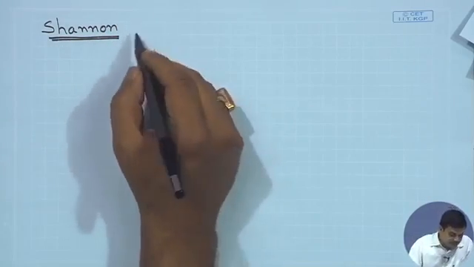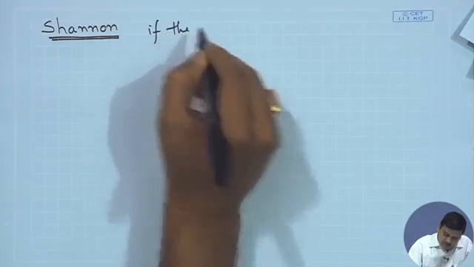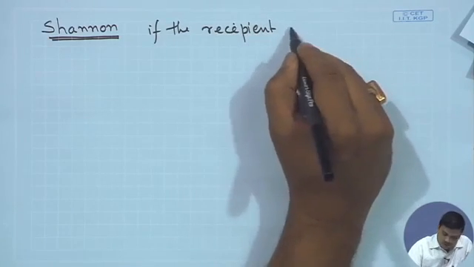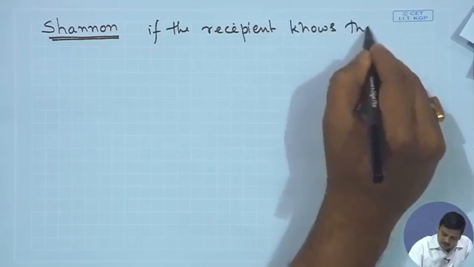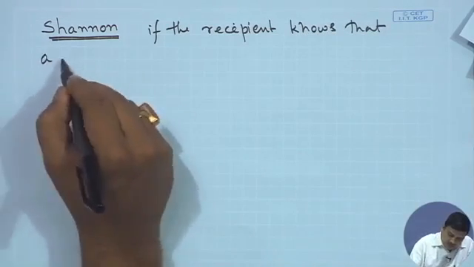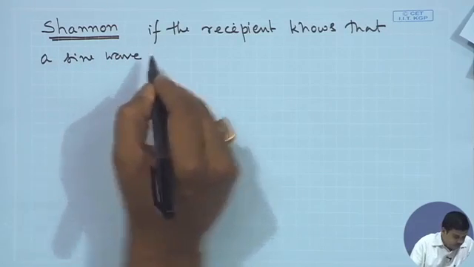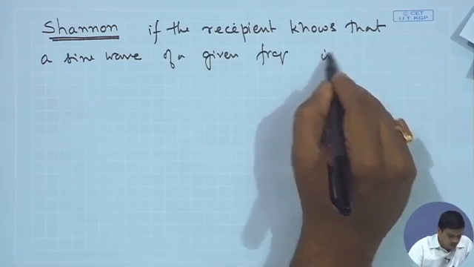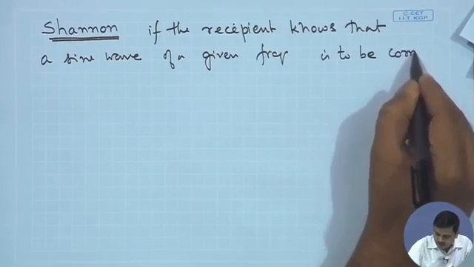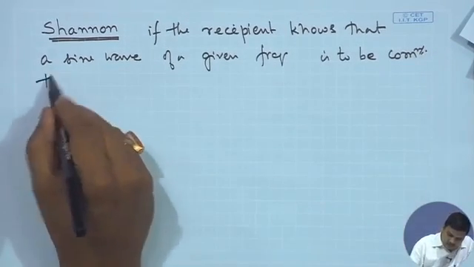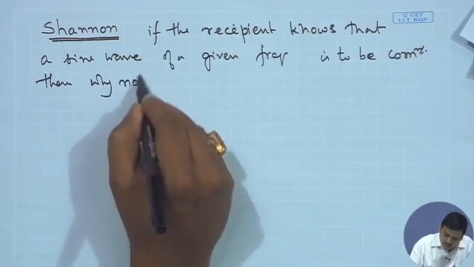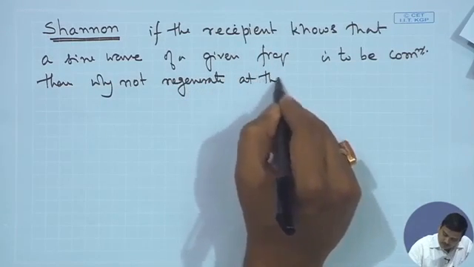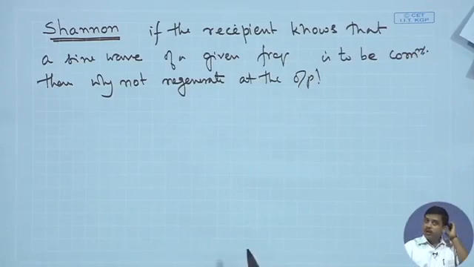Primarily due to Shannon, his view was that if the receiver or the recipient knows that a sine wave of a given frequency is to be communicated, then why not regenerate it at the output, right? This is one of the views that we have stated.